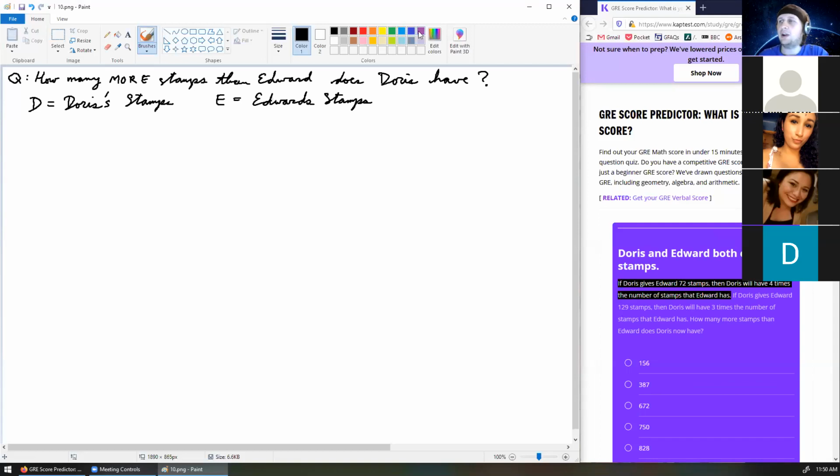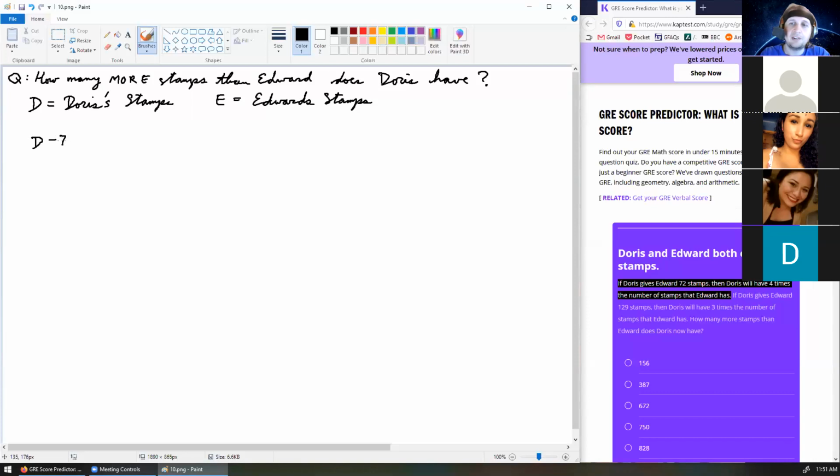Using that, let's try and write out this first relationship. If Doris gives Edward 72 stamps, then Doris will have 4 times the number of stamps that Edward has. So how would we say Doris giving Edward 72 stamps in a math way? You could either do D minus 72 or E plus 72.